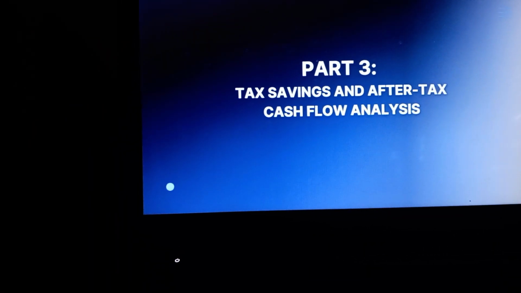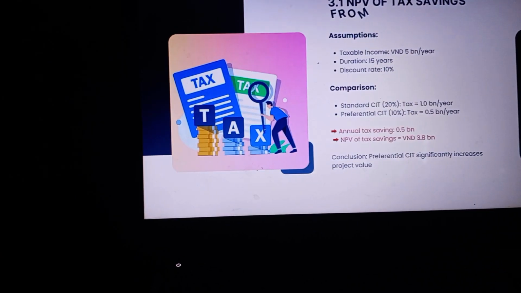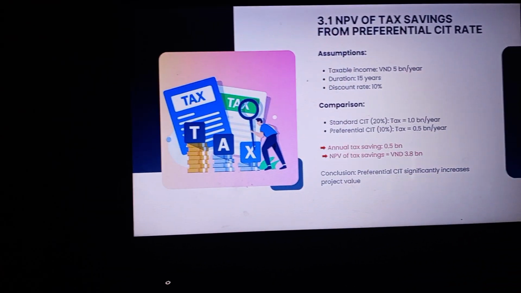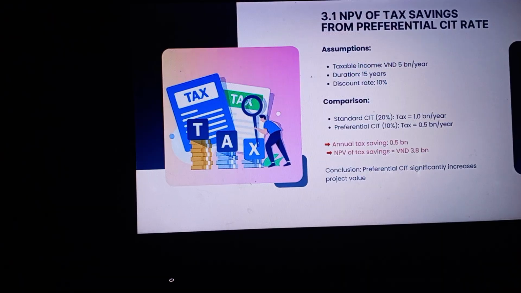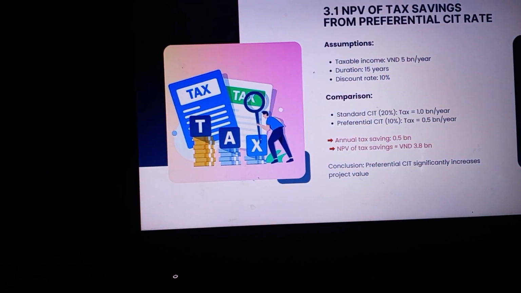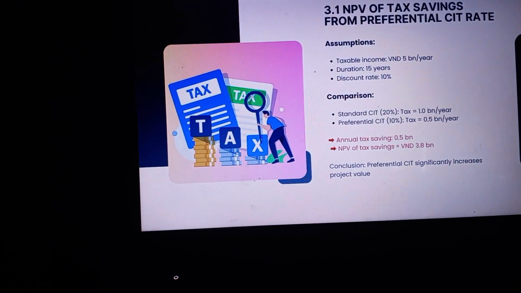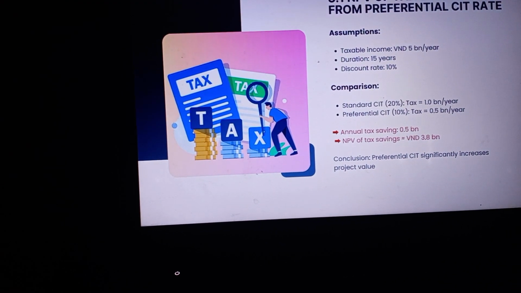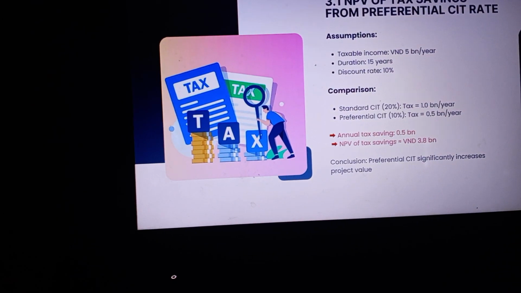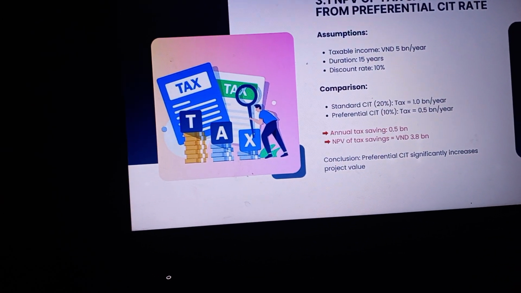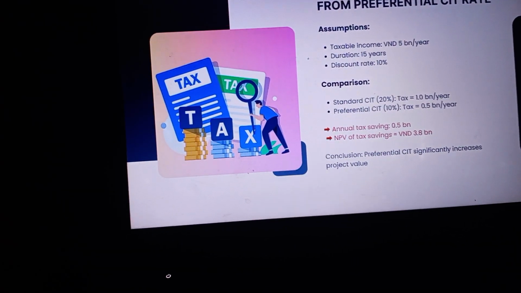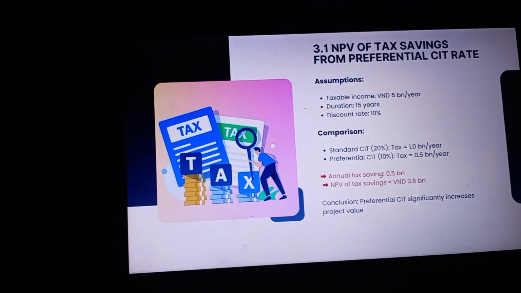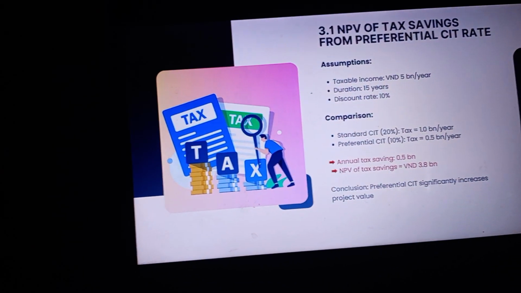Next is part 3, tax saving and after-tax capital analysis. Firstly, the ability and tax saving from the preferential scenario. Basic assumptions include taxable income of about 5 billion a year over 5 years, with a rate of 10%. Compared to the standard CIT of 20%, the tax is 1 billion a year, and with preferential CIT of 10% the tax is 0.5 billion a year.